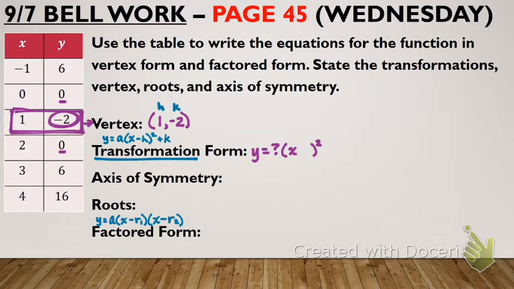Absolutely correct. So we're going to have a -1 here because this is the opposite of h. And what's going to go back here? -2, yes. That's where our k value goes. So that's most of my transformation form. I just need to figure out what goes in that spot for a.